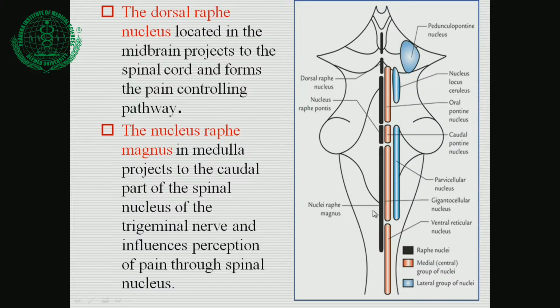And in the medulla there is the nucleus raphe magnus, projecting to the caudal part of the spinal nucleus of the trigeminal nerve. So this is the second nucleus of the median column or midline column of nuclei.